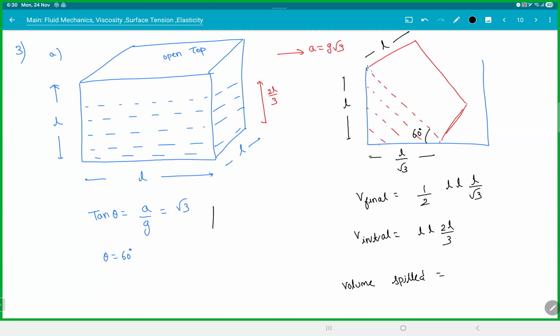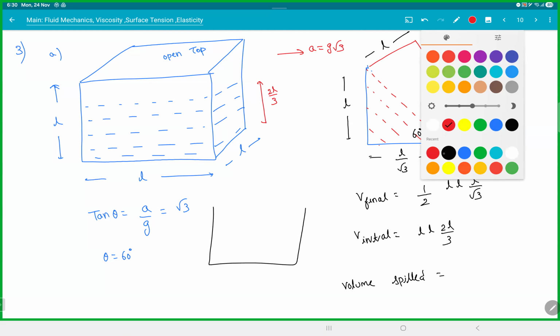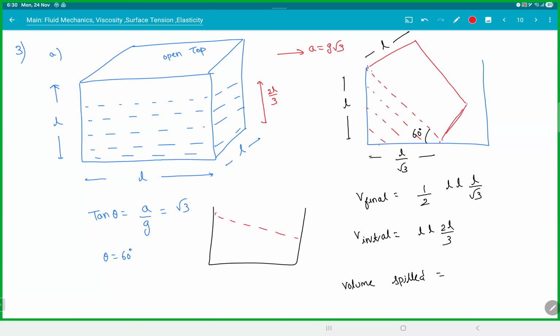If you're anything less than 45, the shape would look like this. So there'll be height on both the sides. Exactly 45, you'll go to the corner. Anything greater than 45, you'll become like this. This will be 2L cubed by 3 minus L cubed by 2 root 3. Clear with that?